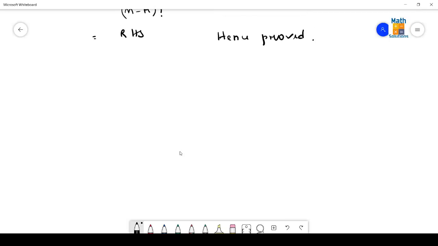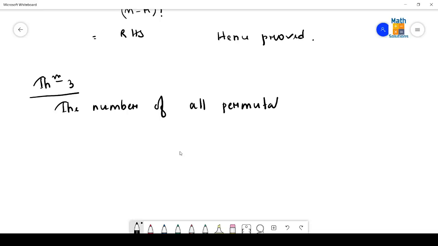Coming to theorem 3, the third important theorem. Theorem 3. The statement is what? The number of all permutations of n distinct things taken all at a time.